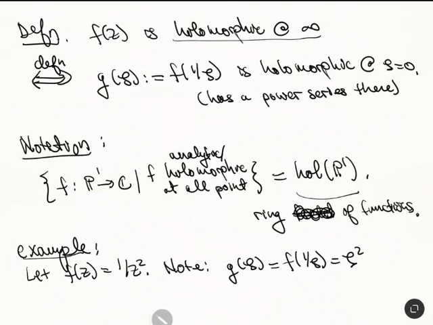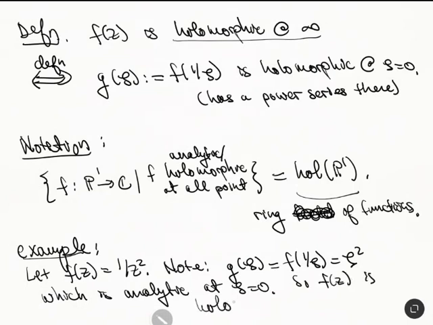So this is zeta squared, which is clearly analytic at zeta equal to 0. So it has a power series at zeta equal to 0. The power series is just zeta squared. So this is holomorphic at infinity. So we can plug in infinity, and it makes sense here. And the value is actually 0.